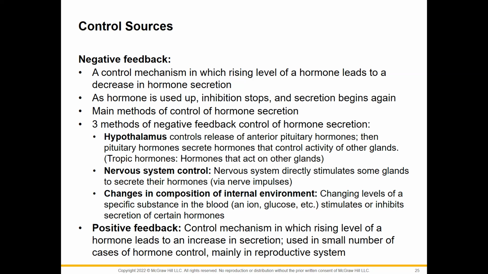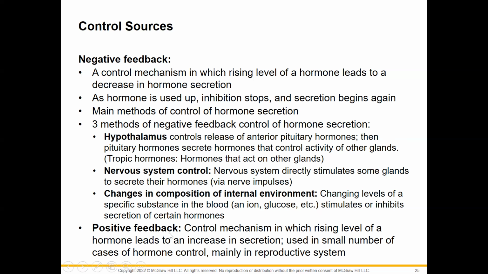It will inhibit the production of glucagon. Both of those are hormones that are used to control how much glucose is in the blood, right? So a change in the internal environment of the blood will then either stimulate or inhibit the production of certain hormones. All of those are negative feedback.